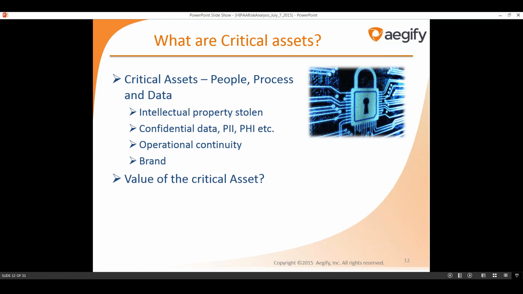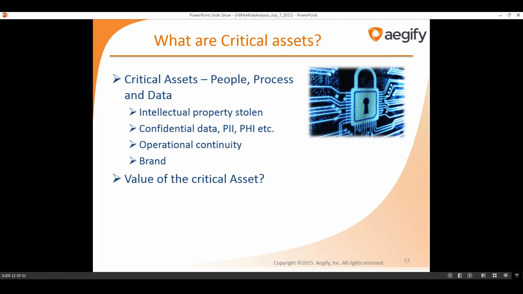And then the associated question is, what is the value of the critical asset and what impact will it have in case this critical asset is compromised? So let's say you have a company website which is used for e-commerce, and that company website goes down. That's a problem. That's part of the operational continuity that you need to have. It's a critical asset and hence needs to be protected.